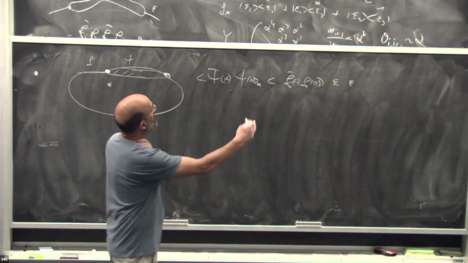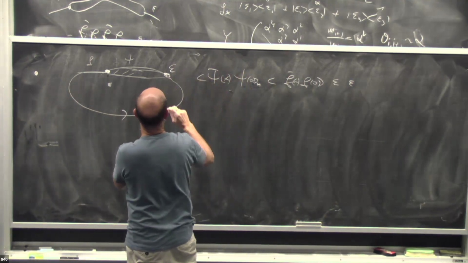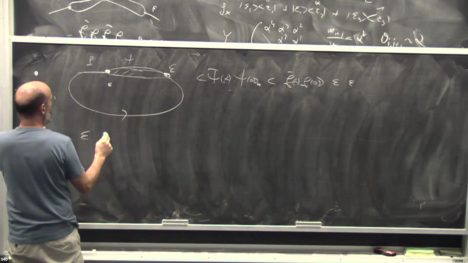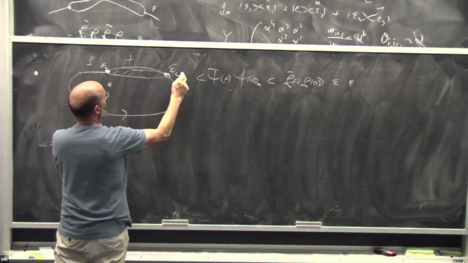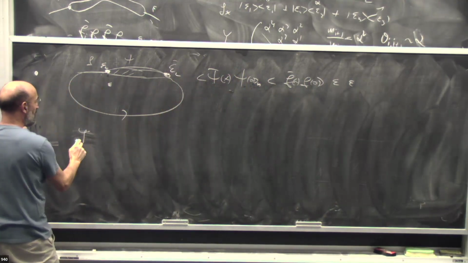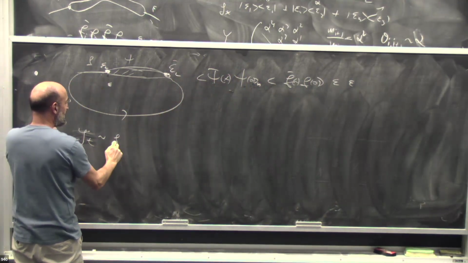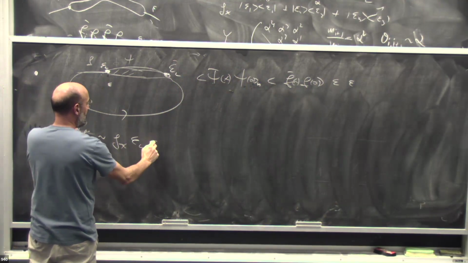Because you see the mixing here, the epsilon, this could be epsilon left, okay? And remember the top Yukawa, which is the most relevant one, is g star times the mixing left and the mixing right.